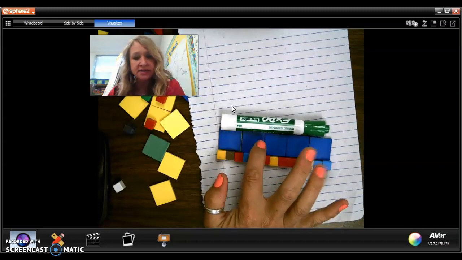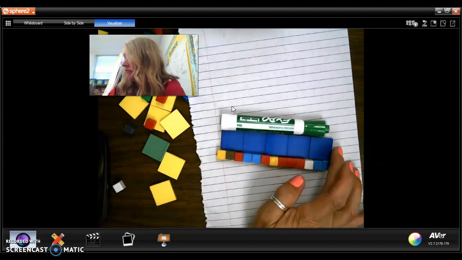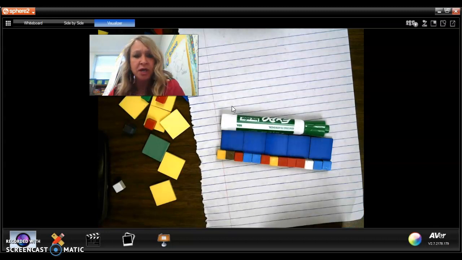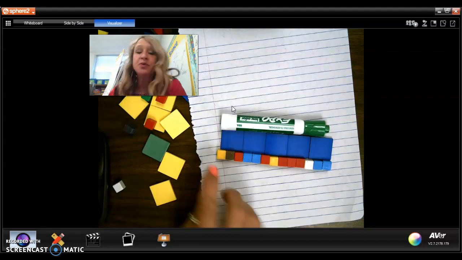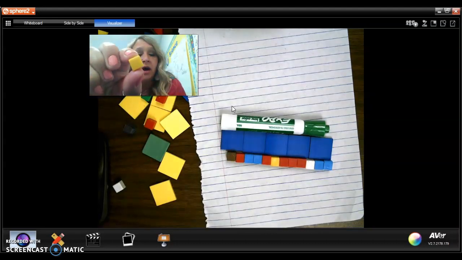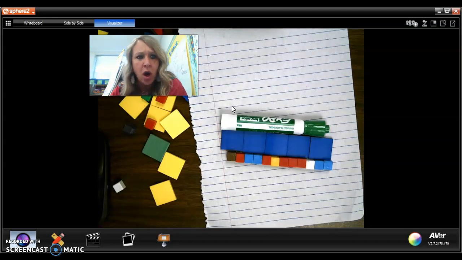How many square tiles did I use again? 5. Which one has more? Which one did I use more of? That's right, I used more of the ones units. Why? Why did I use more? Because they are bigger or smaller? Smaller.